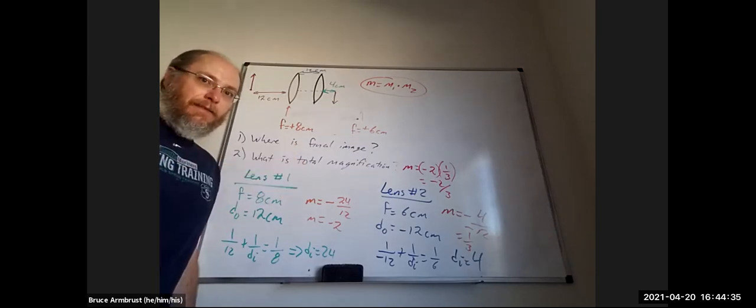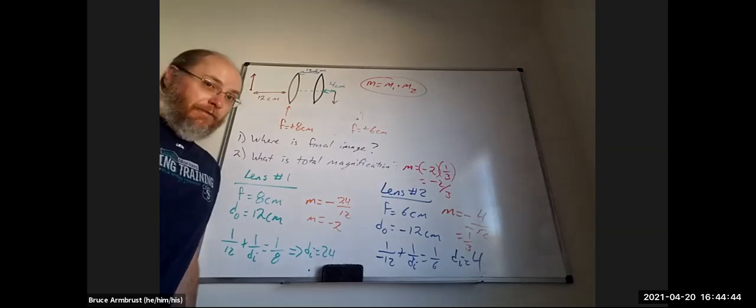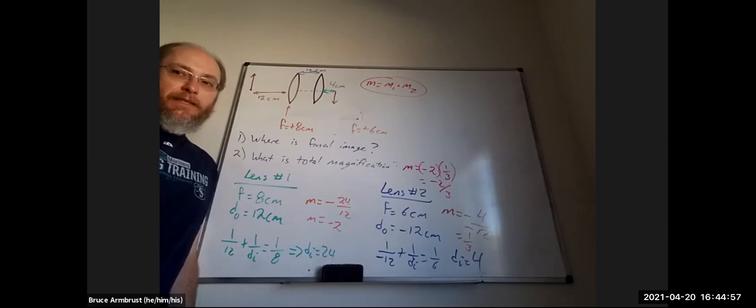Behind the lens, that's a positive image, negative object. And then focal lengths, again, convergent is positive, divergent is negative. So practice your conventions, and that will definitely help you when it comes time to doing the homework and these kinds of problems.